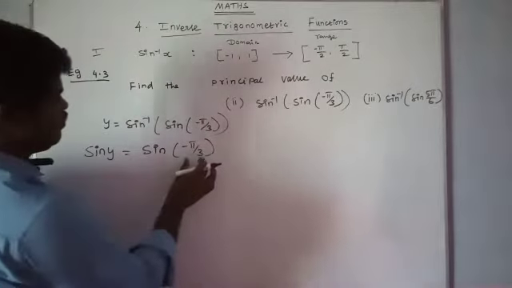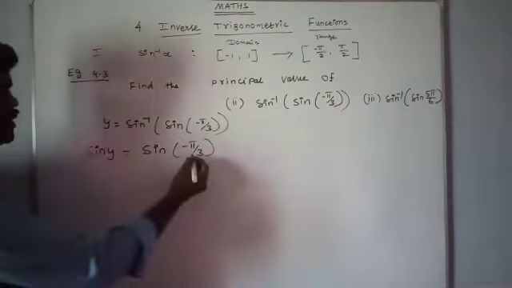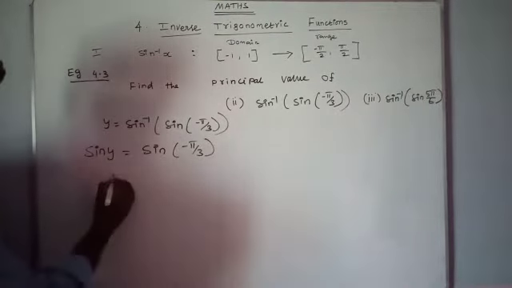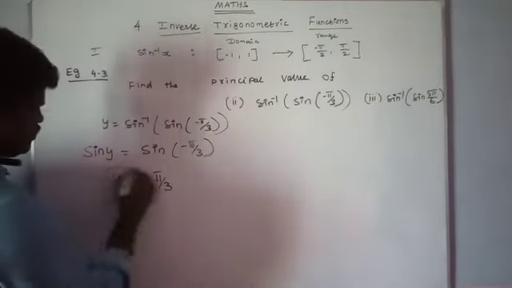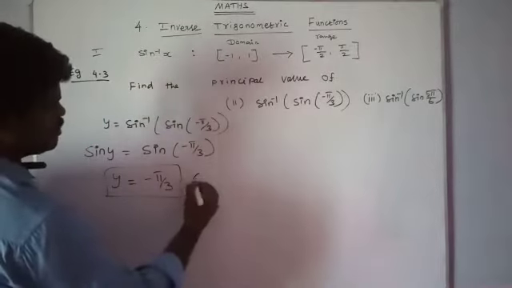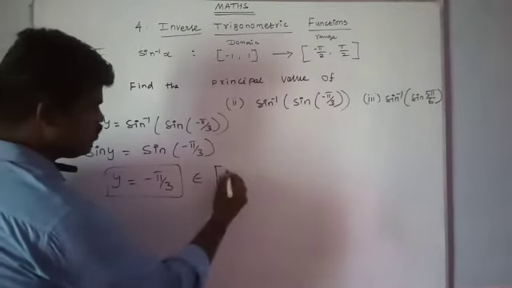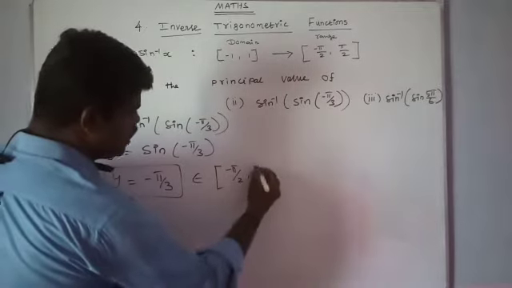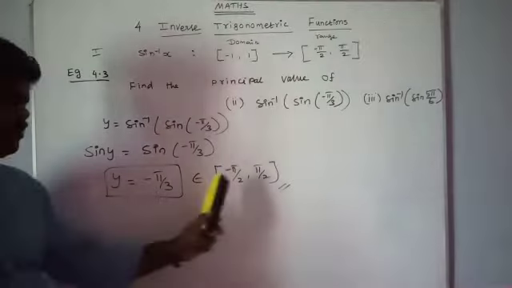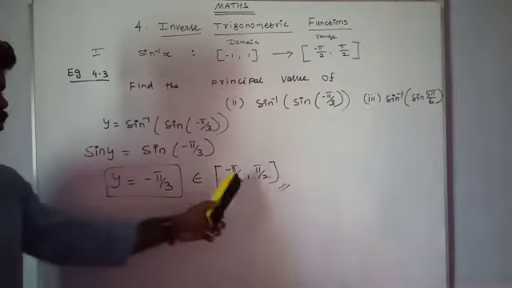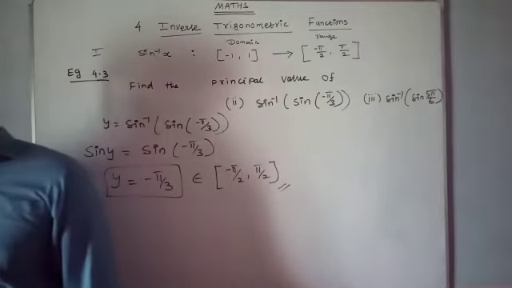Here we compare the sin values. Y is equal to minus pi by 3. Therefore y is equal to minus pi by 3. If we check the answer, minus pi by 3 belongs to minus pi by 2 to plus pi by 2. So this is the answer. The minus pi by 3 must lie in minus pi by 2 to plus pi by 2. Okay, right.